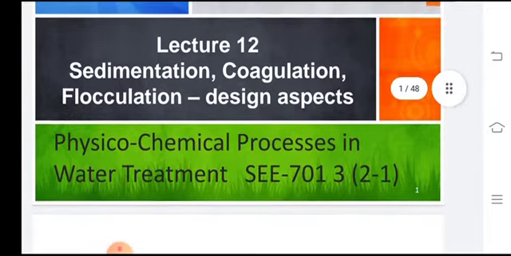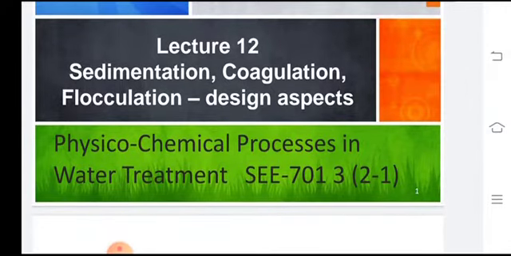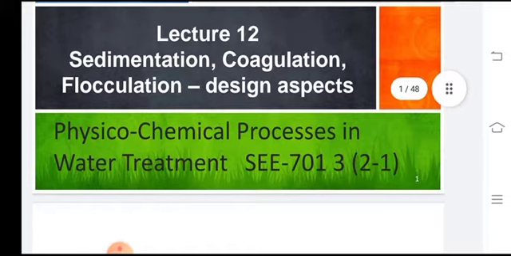As discussed in the previous lectures, sedimentation is simply the settlement of all the suspended particles which exist in the form of colloids, and then we tried to find out its implementation in our design of a wastewater treatment plant.